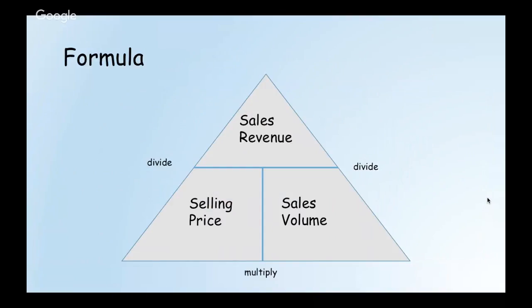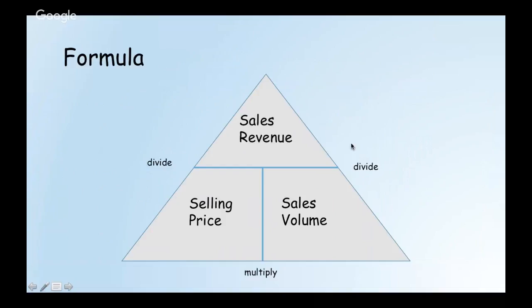A formula triangle like we have here is very useful for remembering things that are linked with each other. For example, if we want to calculate sales revenue in this formula triangle, we simply cover this up with our hands, and we know that to calculate sales revenue, we do selling price times the sales volume.